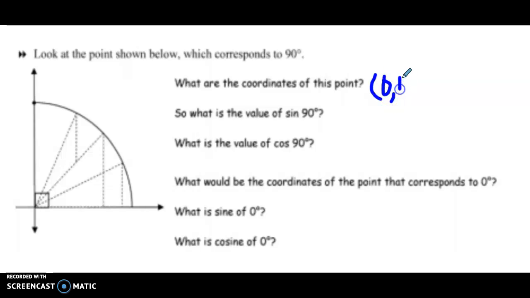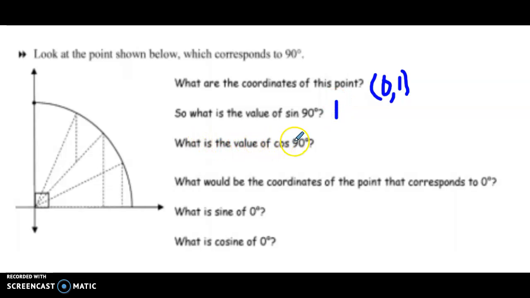But the coordinates are 0, 1. Now, if you took the value of the sine of 90 from the previous slide, what would you expect it to be? Remember, the sine of 90 was also the y value. But just plug it in your calculator and put in the sine of 90. You do get a value of 1.